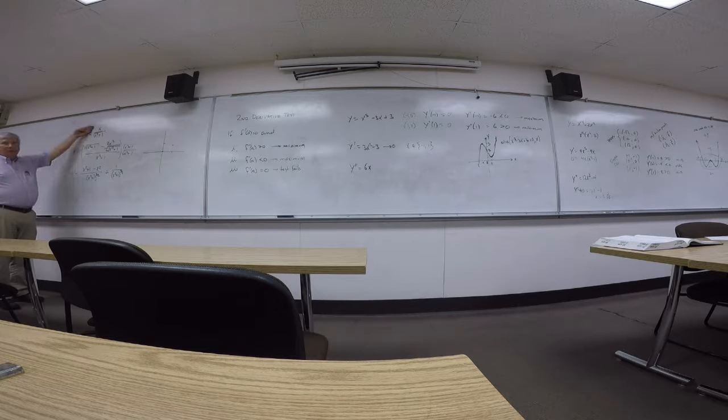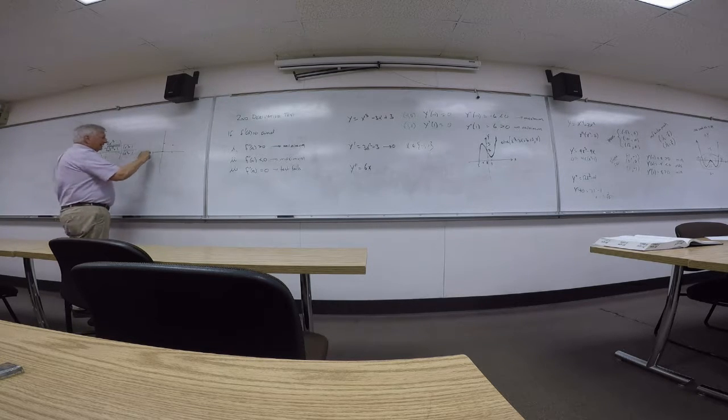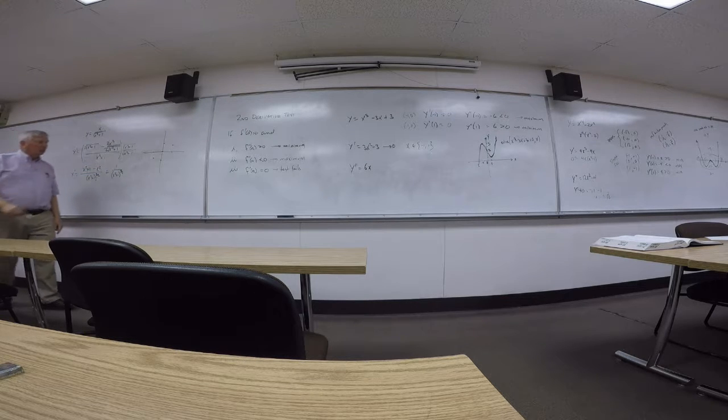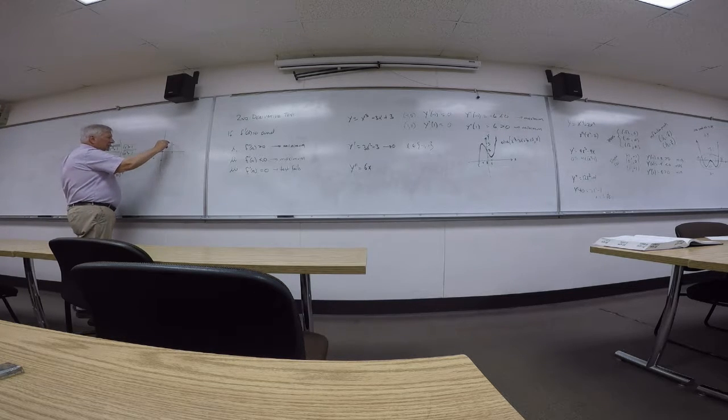When x is negative 1, we have negative 1 over square root of 2, which is about negative 0.7. At 0, the slope is 1. 0 plus 1 is 1, 1 to the 3 halves is 1, 1 divided by 1 is 1, so the slope is 1.